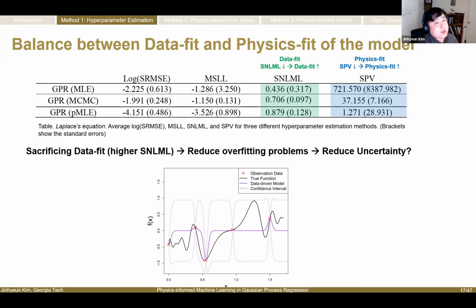This is maybe because we can reduce the overfitting problems. And this is one of the overfitting scenarios of standard GPR. When you look at the plot, when we observe the overfitting, the uncertainty becomes very high in the other region. So reducing the overfitting problems may indicate the reduction of uncertainty as well.